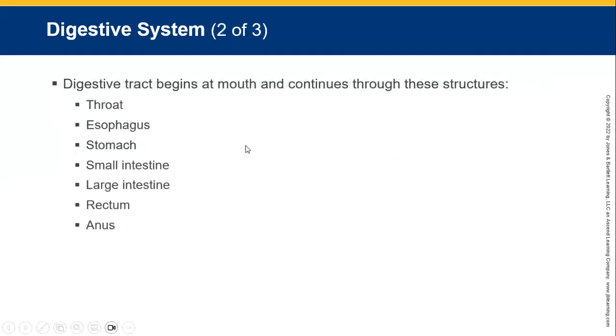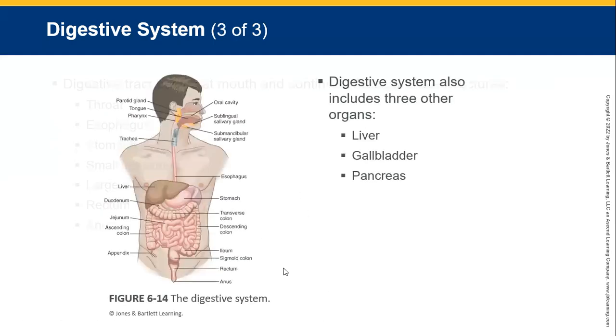All right, there we go. All the stages: throat, esophagus, stomach, small intestine, large intestine, rectum, and anus. Now, the digestive system also has three other little organs involved. The liver: everything we put in our mouth gets purified going through the liver, as blood goes through and purifies it.